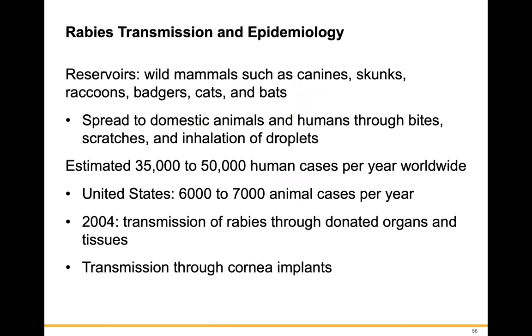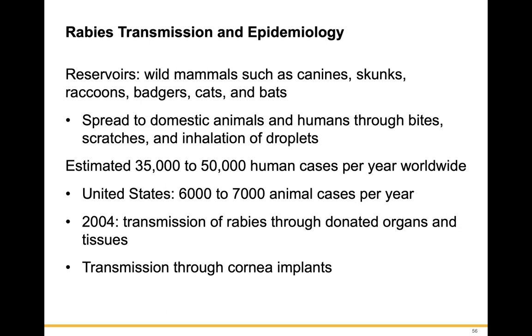In 2004, the transmission of rabies through donated organs and tissues was first identified, meaning that you had an individual who was infected with rabies. And I believe I used to have this article up on the PowerPoint.